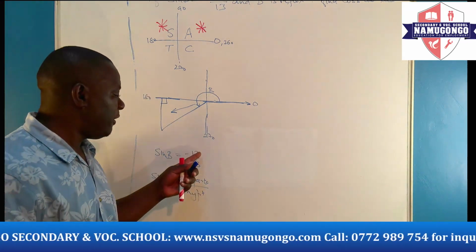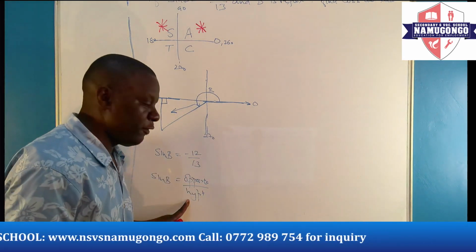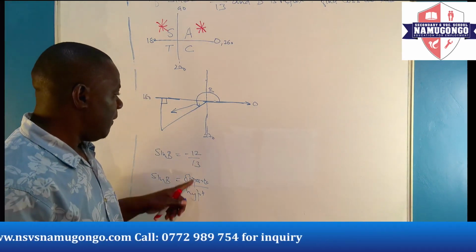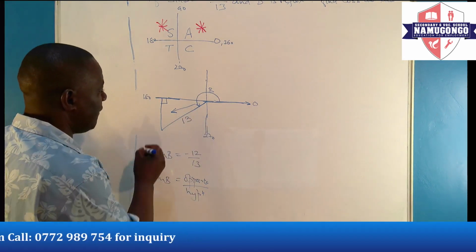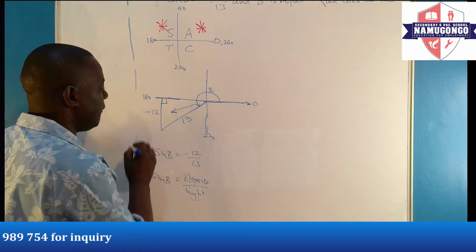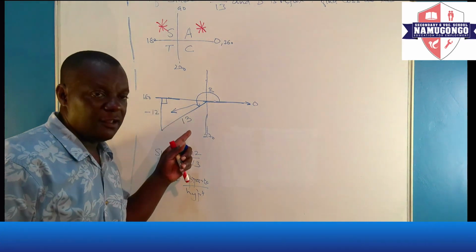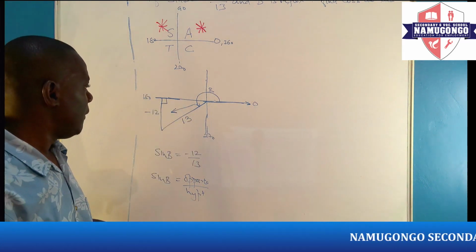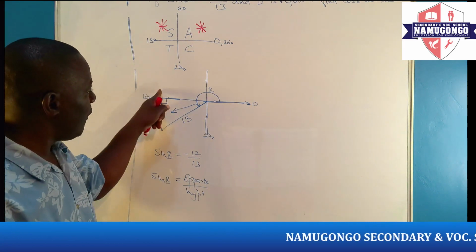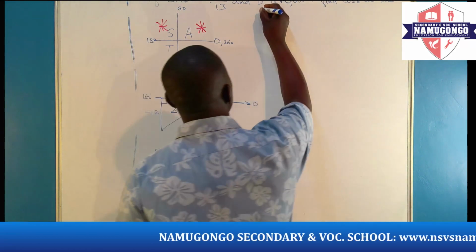Meaning that the numerator is your opposite. The denominator is your hypotenuse. And I said earlier, the hypotenuse is always positive. So you put here your positive 13, you come and put your negative 12. Now, our task is to look for the adjacent. Because we have the opposite, we now need this side here, which is the adjacent. And how do we do it?